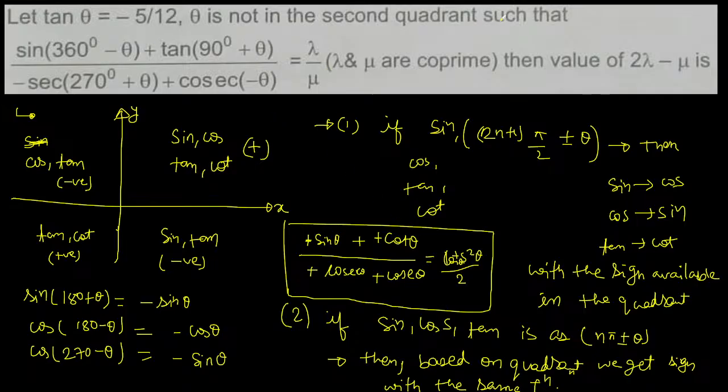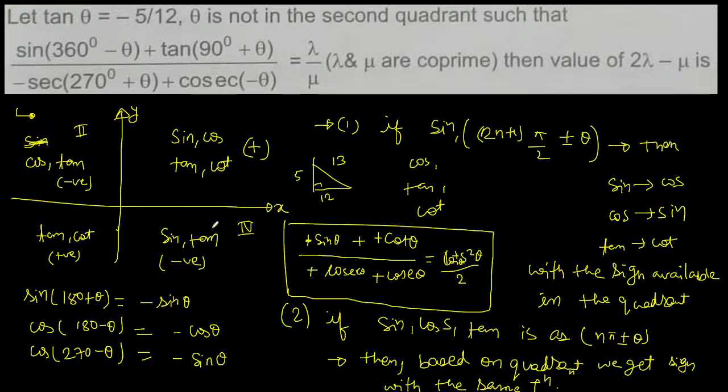So tan is negative, meaning tan is either in second quadrant or in fourth quadrant. It is told that it is not in second quadrant, that means it is in fourth quadrant, and when it is in fourth quadrant, tan theta is 5 by 12, and it is 13.